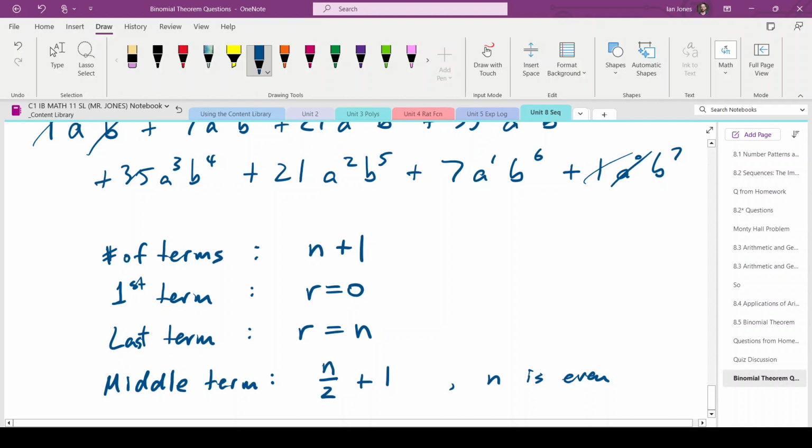Well, when n is even, the number of terms is odd, and you have to have an odd number of terms for there to be a middle term, right? If we have 3 terms, there's a middle term. If you have 5 terms, there's a middle term. The number of terms must be odd, so n must be even. And then you take that even n, divide it by 2, and add 1. You'll get the middle term. Not essential, but handy to know, especially if you're the type of student who really likes formulas.